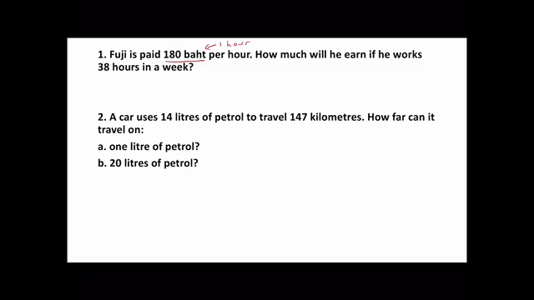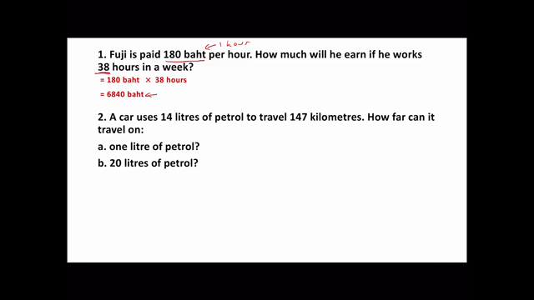So if he works for 38, it's just going to be 180 baht times the 38 hours that he works. So 180 times 38, work it out by hand, and magically it's 6,840 baht. So if he works 38 hours in a week at 180 baht per hour, this is how much money he will get in total at the end of the week.